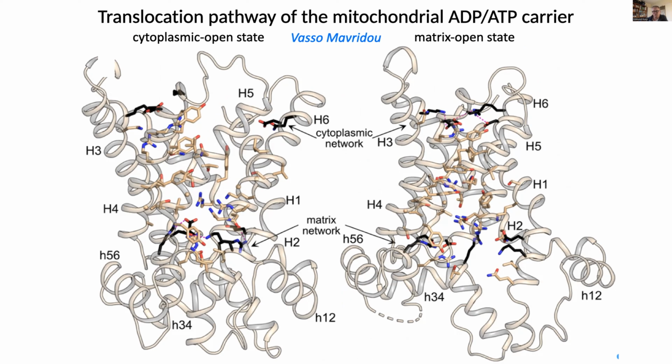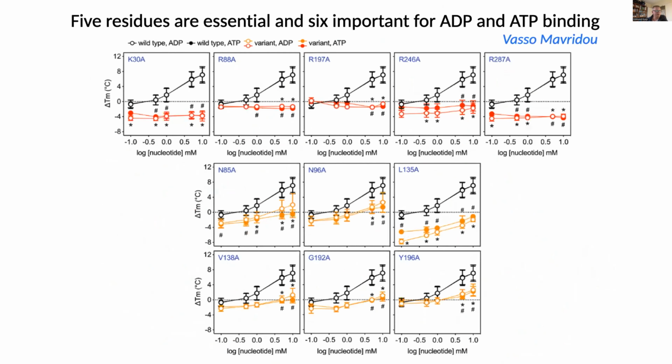And then when she measured the temperature shift in the presence of substrate at different concentrations, the vast majority of them showed the same shifts as before, so were not involved in substrate binding at all, except for 11 mutations. For 5 of them, which are shown here in red at the top, you see that those mutations abolish this concentration-dependent shift completely.